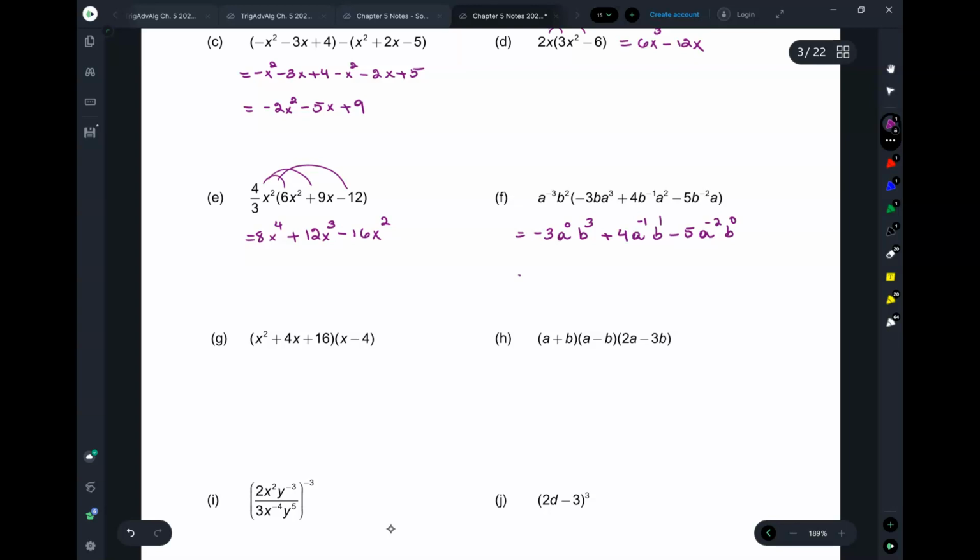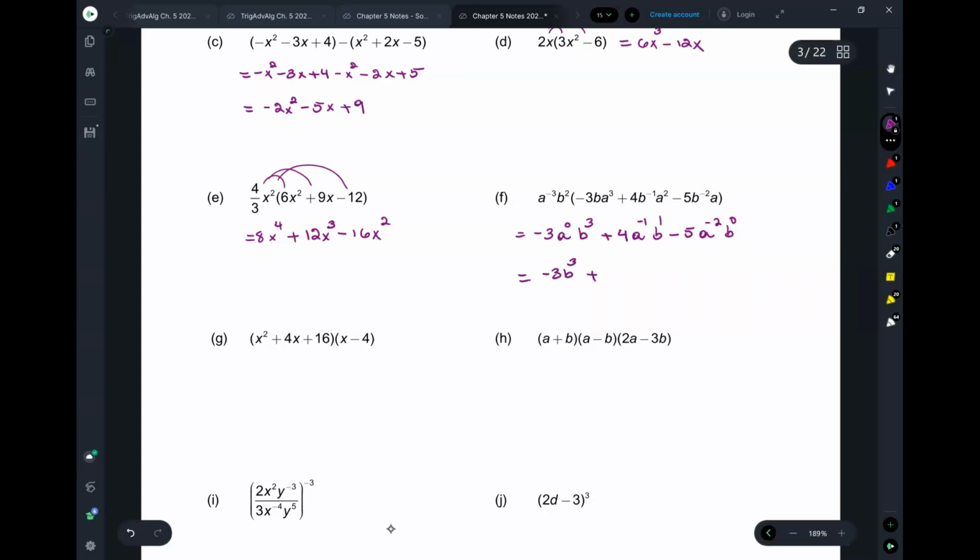Okay. Now, when it comes time for you to simplify, all the exponents of 0 will turn that variable into a 1. And then when it comes to the negatives, you really have to make sure to only move the thing that the negative exponent belongs to, right? So here it's going to be -3b cubed because a to the 0 is just 1.